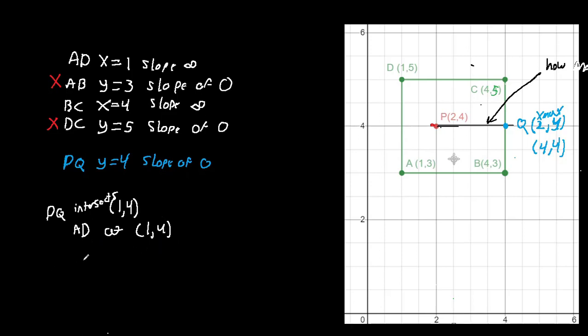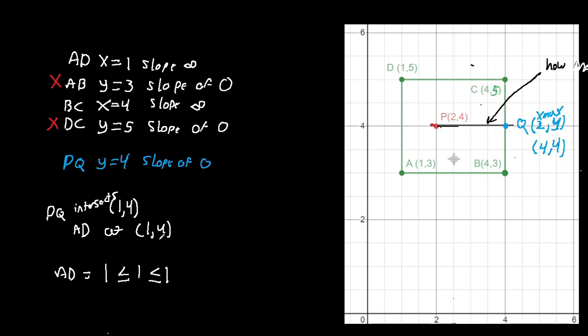So we have to ask the question for line AD: does the x min of the line, so AD goes from x equals 1 to 1, so is 1 less than or equal to 1 less than or equal to 1?